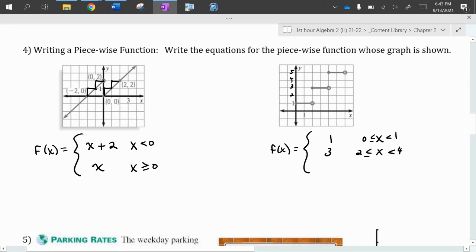And then the third piece is y equals 5, way up there at y equals 5, if x is greater than or equal to, that would be 1, 2, 3, 4, 5, 6, so greater than or equal to 4 and less than 6. So we've got a little step function there, and we should be able to come up with the function if we are given the graph.